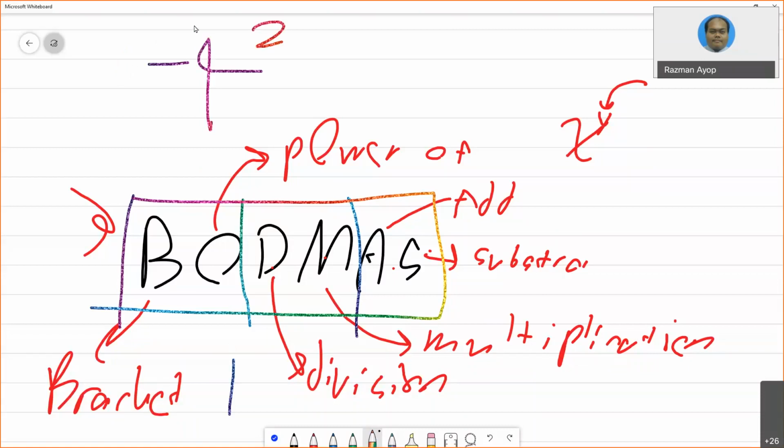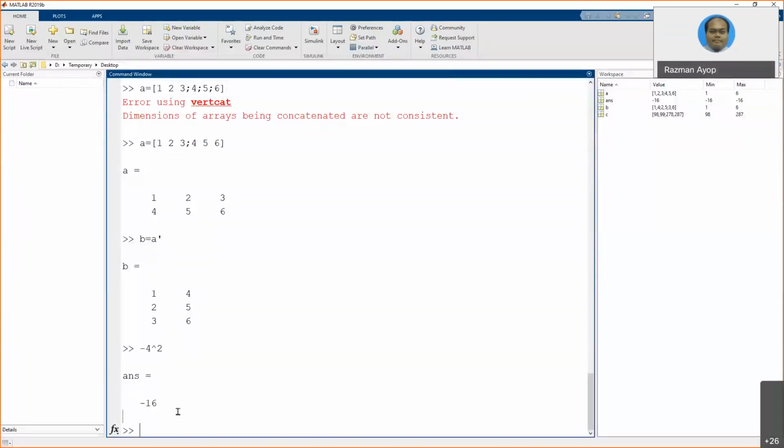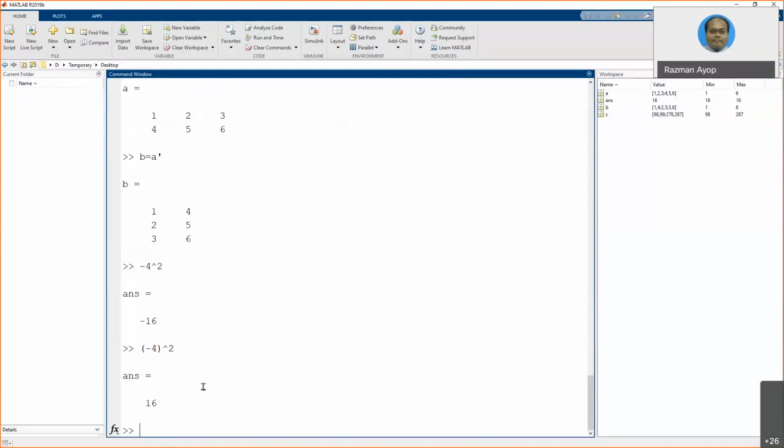Usually we use the bracket for this one, so be careful. If it has a bracket, it will do the bracket first. So see, the answer is different. So make sure you understand the order of operations completely.